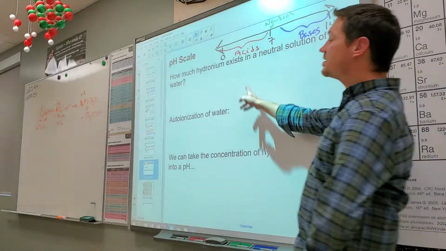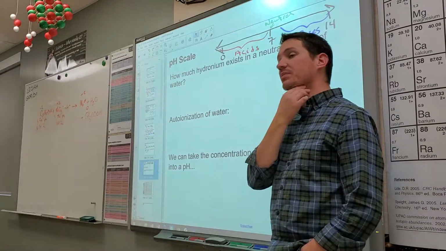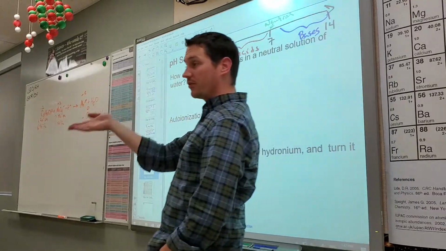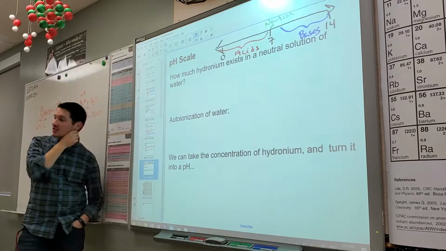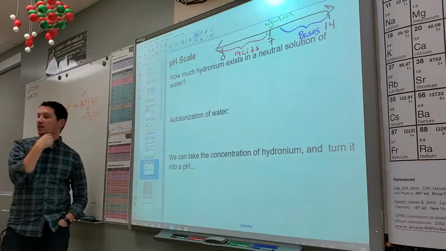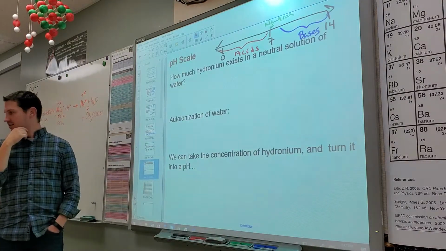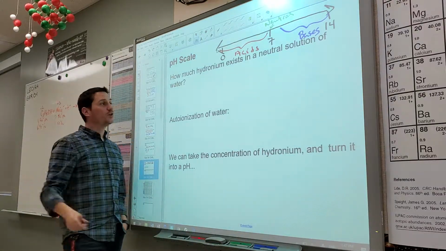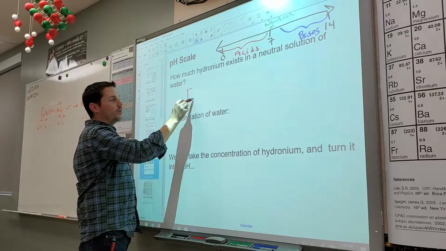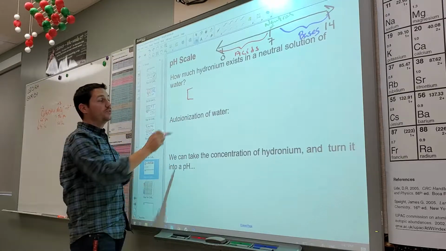But there's a very good reason why water is conductive. What's the formula for pure water? H2O. Does it have any ions in it? No.